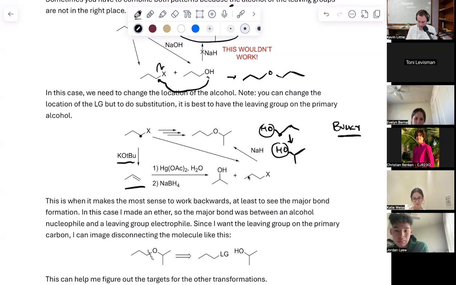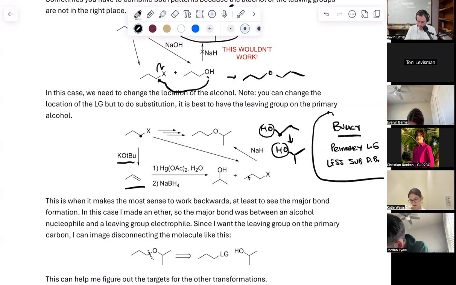It's either when we have a primary leaving group or we want to make the less substituted double bond. That's when we use a bulky base. That's a little summary of when to use a bulky base.